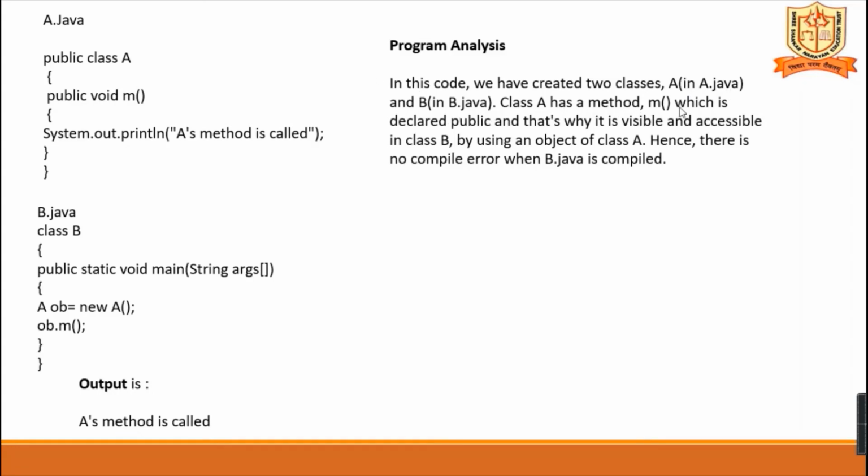Class A has a method, that is the m method, which is declared as public. That's why it is visible and accessible in class B. Inside B we can access it, we can use it, because we used the public access specifier.